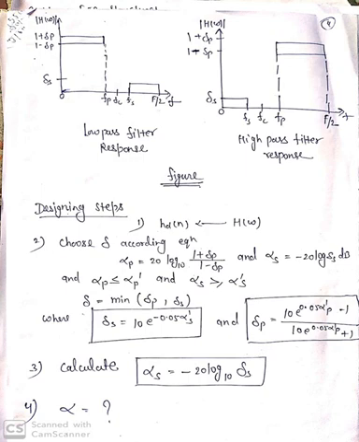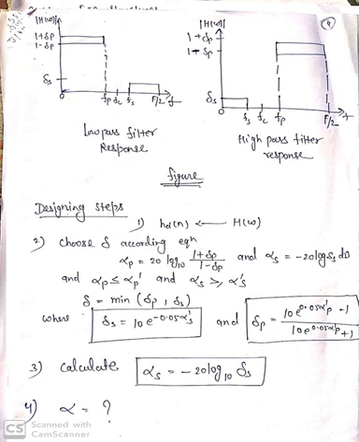Now for the Kaiser window design steps, it works like this. You determine hd[n] for an ideal frequency response H(omega), and choose del according to the equation: alpha p equals 20 log10 of (1 plus del p) over (1 minus del p), as previously discussed, and alpha s equals minus 20 log del s, and alpha p must be less than or equal to alpha p dash, and alpha s must be greater than or equal to alpha s dash, where del s equals... and how to select attenuation, which equals the minimum of del p or del s.